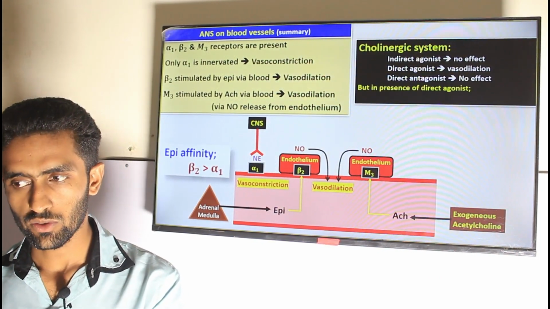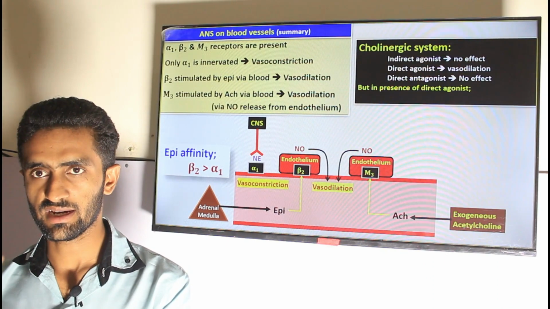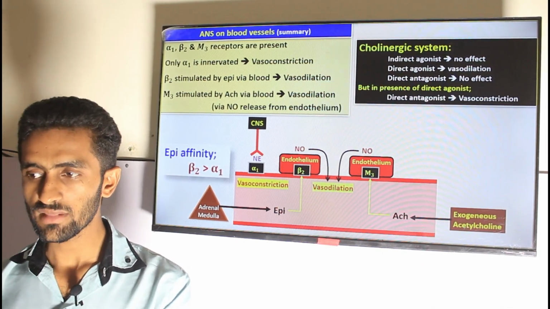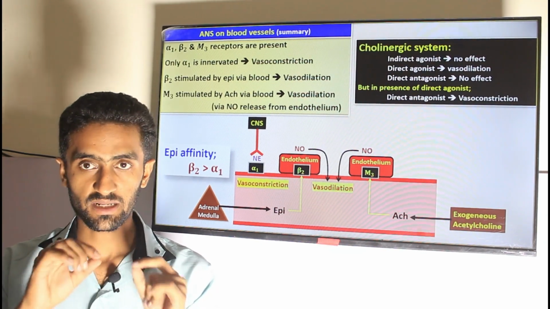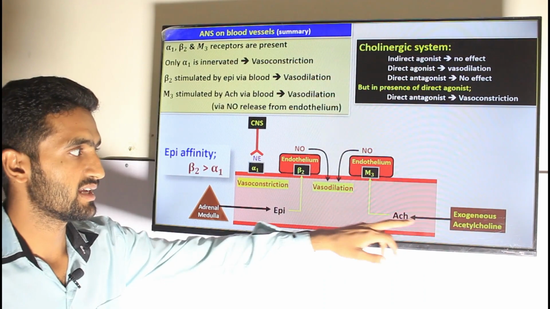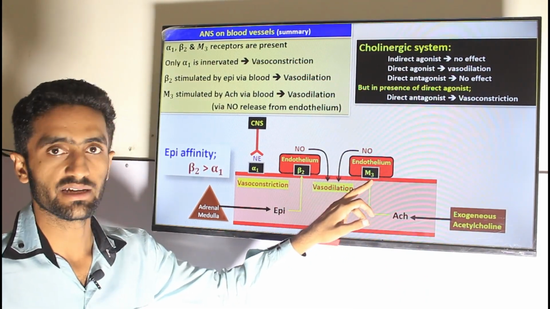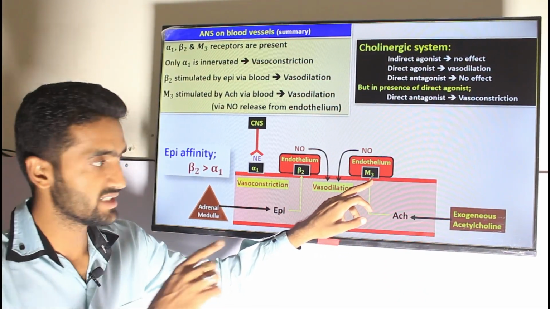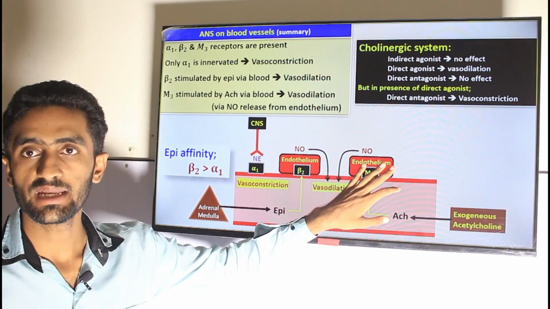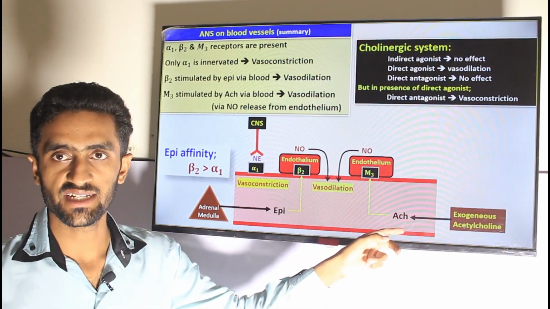So the only case where a direct antagonist can have an effect is in the presence of a direct agonist. For example, acetylcholine you have already given is present here. If this acetylcholine is present and you give the antagonist, that can inhibit the action of this acetylcholine.